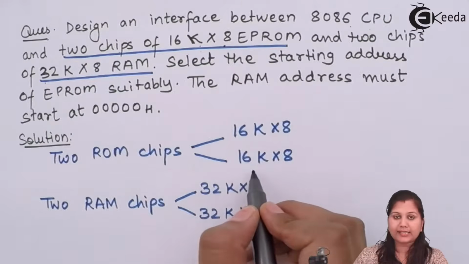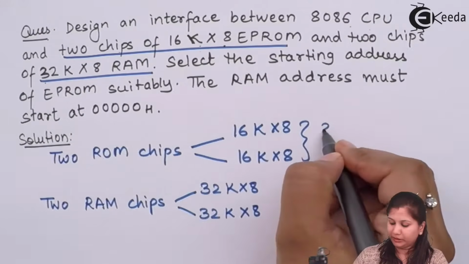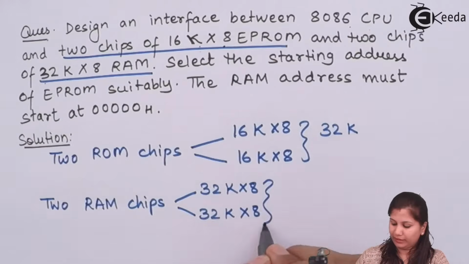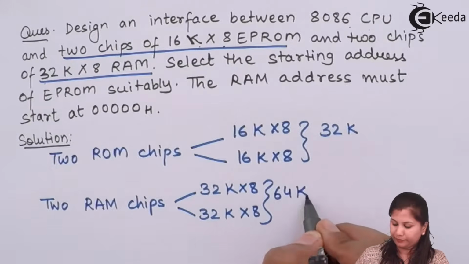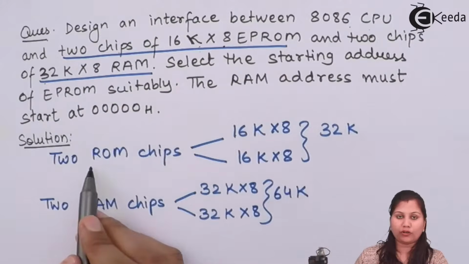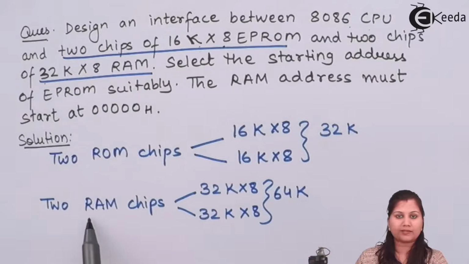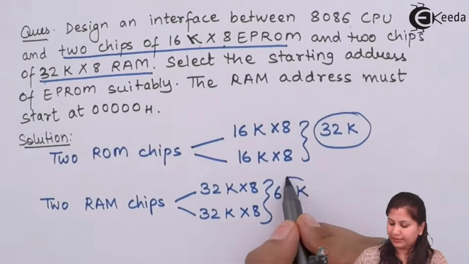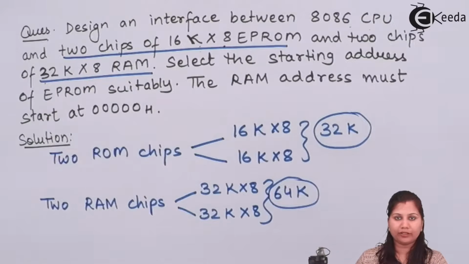So 16K plus 16K, total will be 32K, and 32K plus 32K, total we will have 64K. So 32K is for the ROM and 64K is for the RAM. This is the total memory capacity given to us.